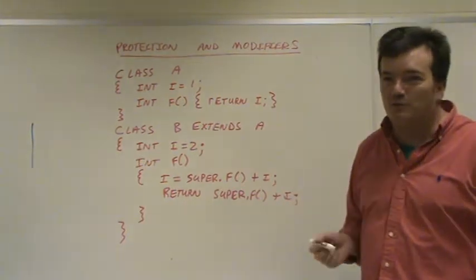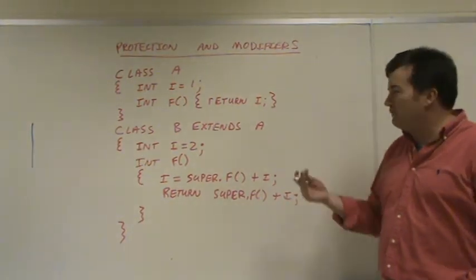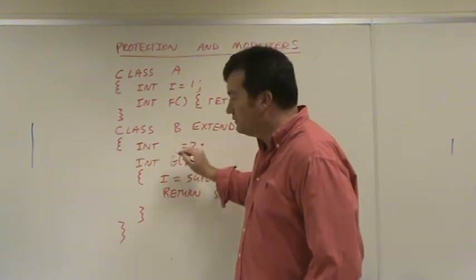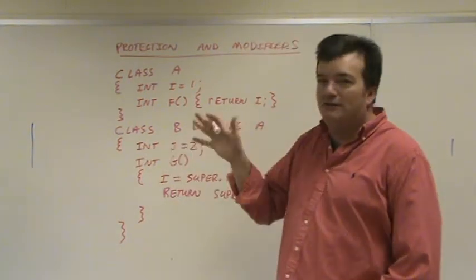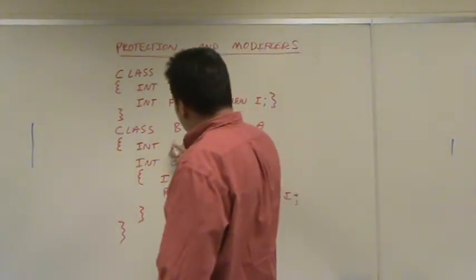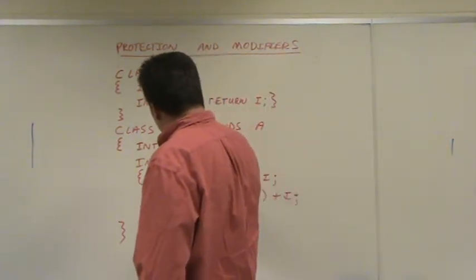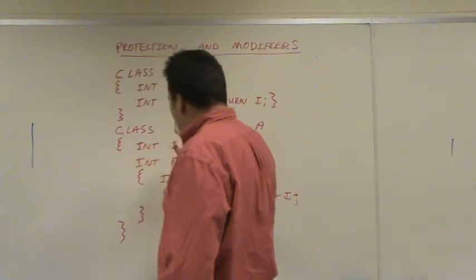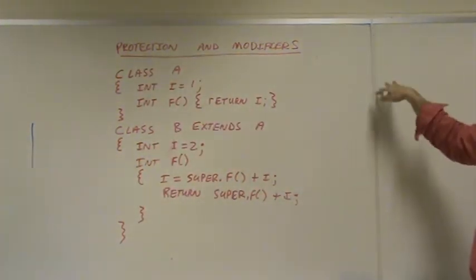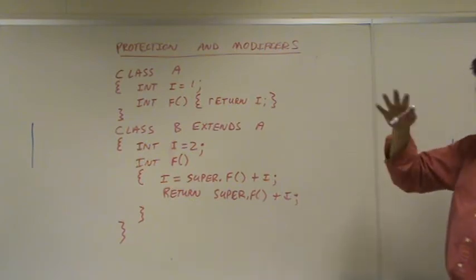Do you want to not allow this? What would you do? Obviously, if I had a new function called G, there's no problem. And if this variable is called J, no problem. They all have different names. But if they start using the same name, do you want to start throwing compiler errors? Or do you want to say, yeah, I can keep track of it all? The other example, you really couldn't keep track of it. It depends on where you are in the program.